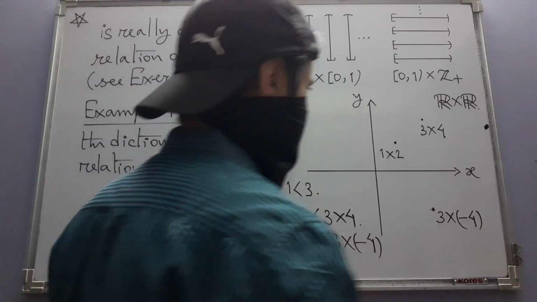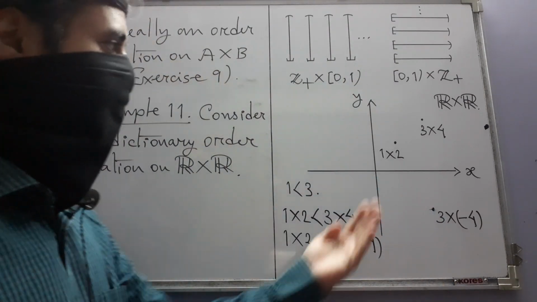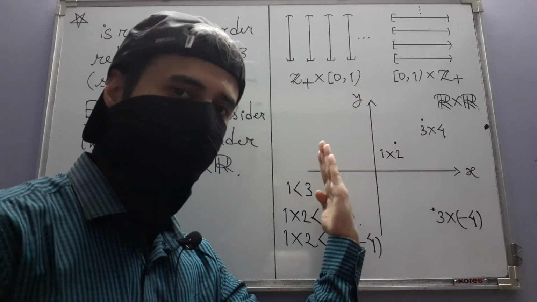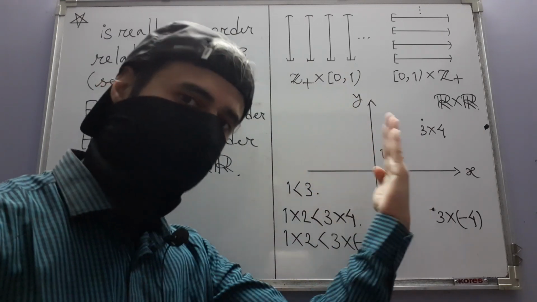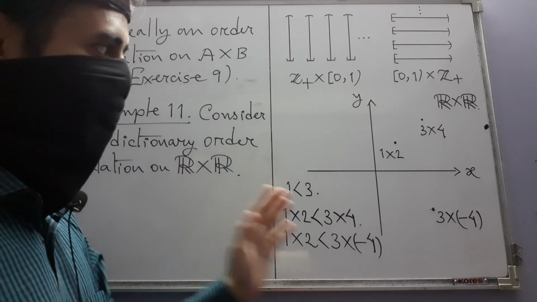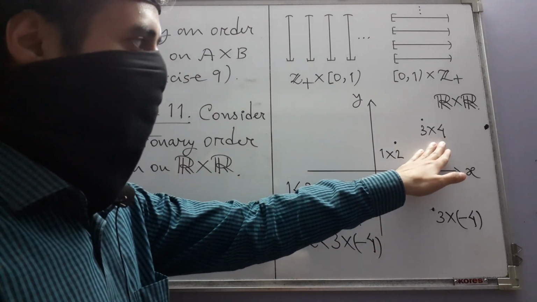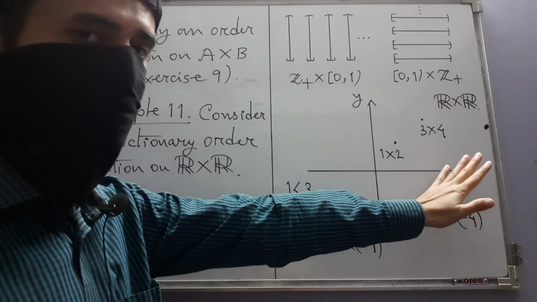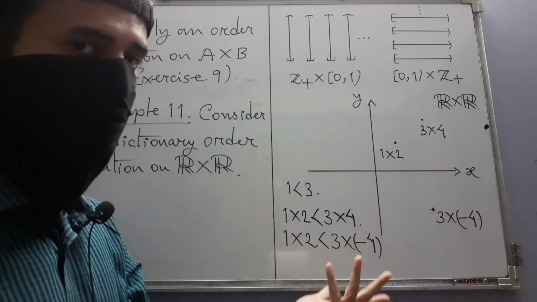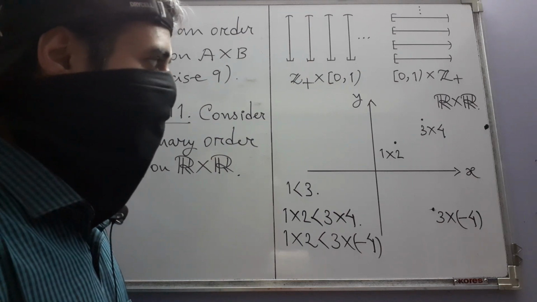And similarly, any point, regardless of height, that lies to the left of 1, 2 will be less than 1, 2 in the dictionary order. Fine, so we have said in what relation the points of the plane are to 1, 2 with respect to this dictionary order.